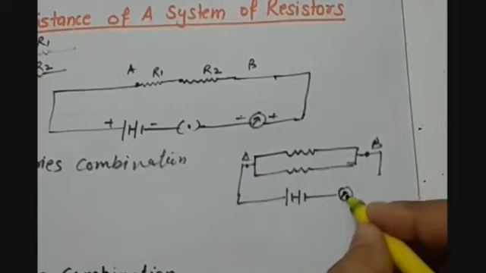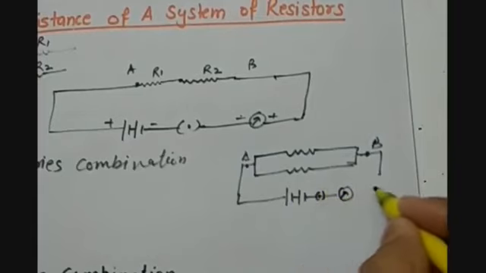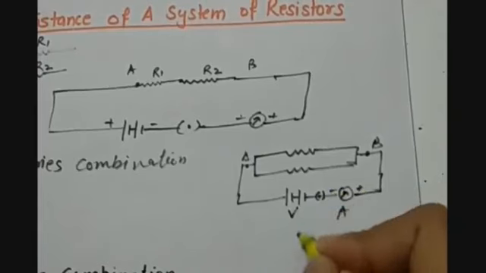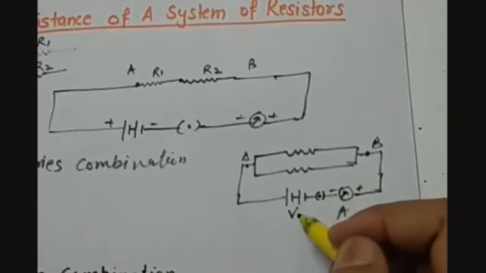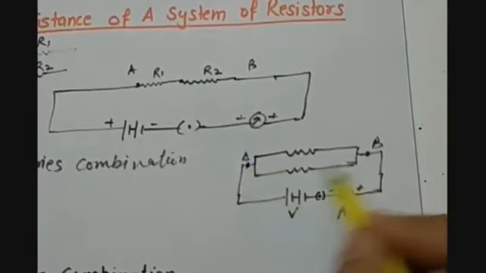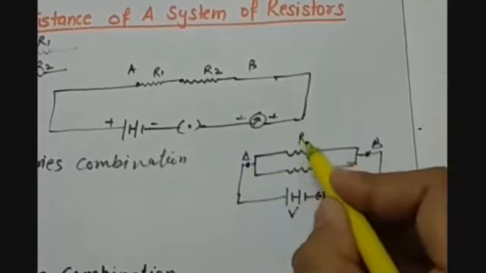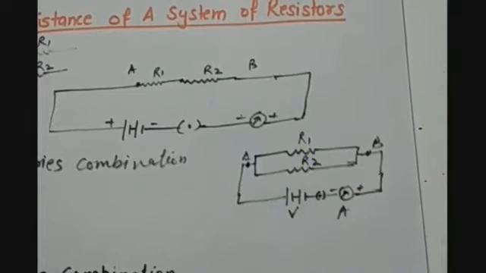We will have an ammeter, and here we will also have the key and the battery, which will provide the potential difference across the ends of the conductor. So here this is our system of resistors, with R1 and R2. So these two types of arrangements can be there.